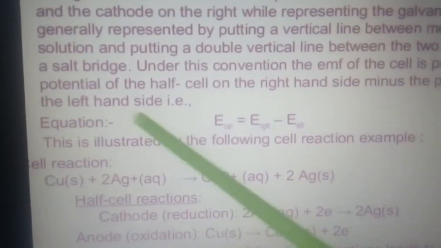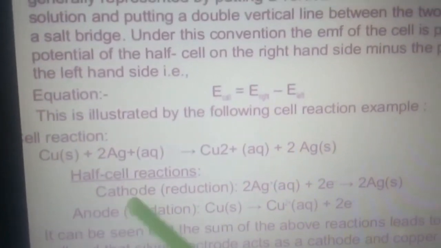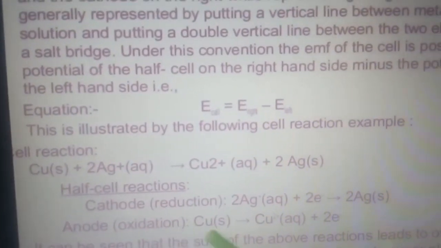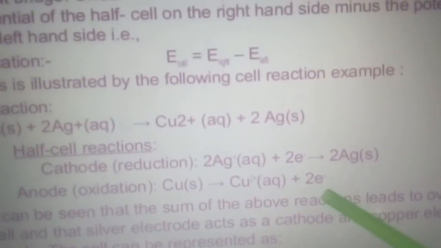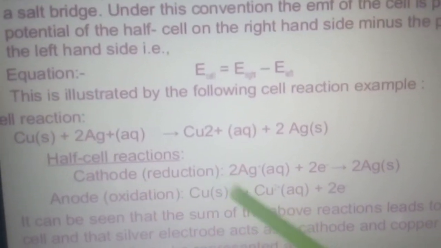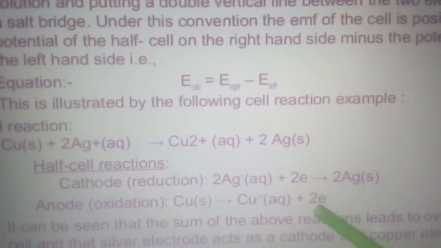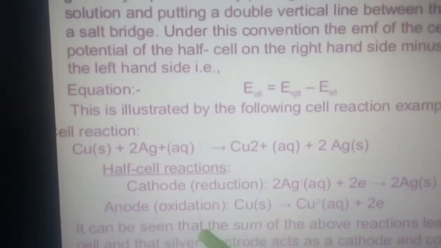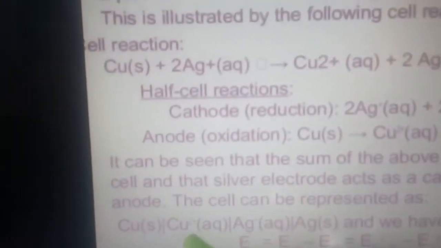This is the oxidation half: copper is oxidized to Cu2+ at the anode, releasing electrons. At the cathode the reduction half takes place, that is, silver ion is reduced to silver by gaining those electrons. These are the two half reactions in this cell.